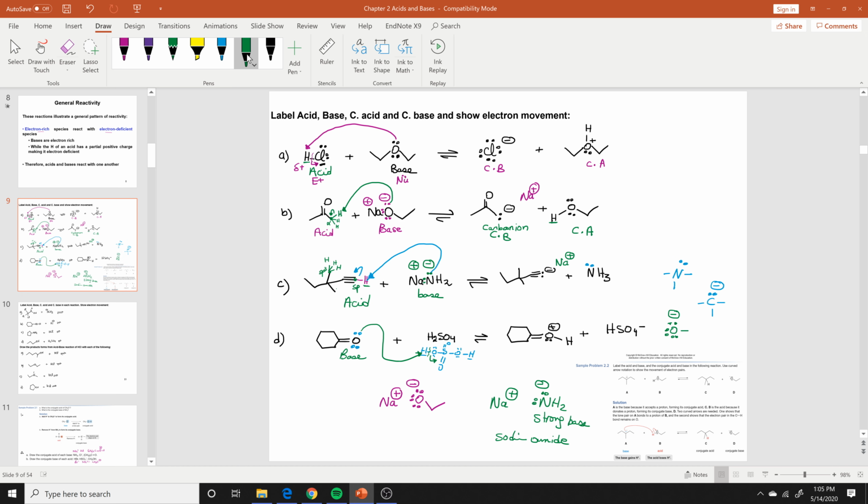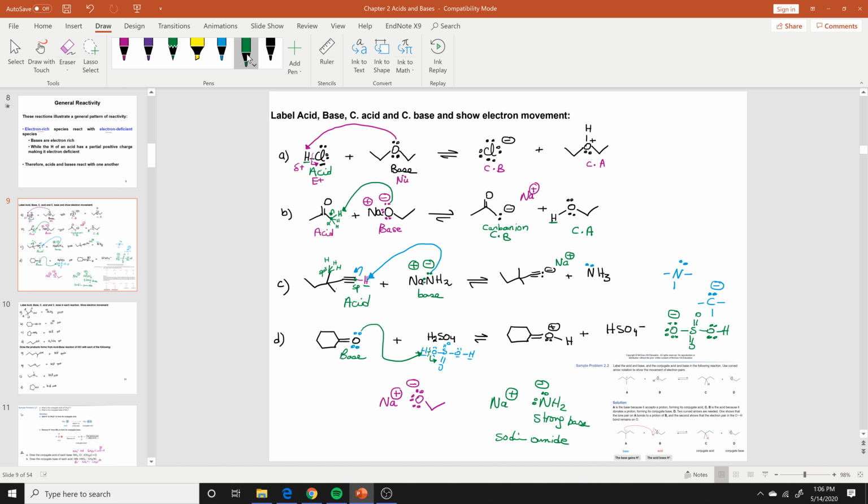Practice drawing the Lewis structure, please. This is an S double bond O, and this is an OH. You can either write it like this, or you can write it as an HSO4 negative, but just know that this negative is on the oxygen. So it's kind of deceiving. Where's the negative charge? It is on this precise oxygen, not on any other oxygen.